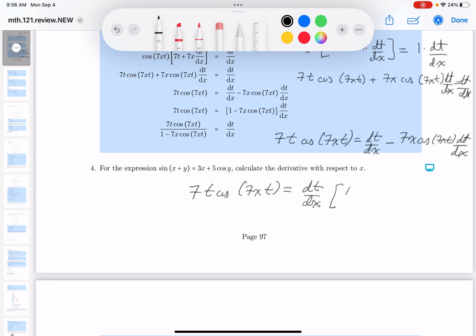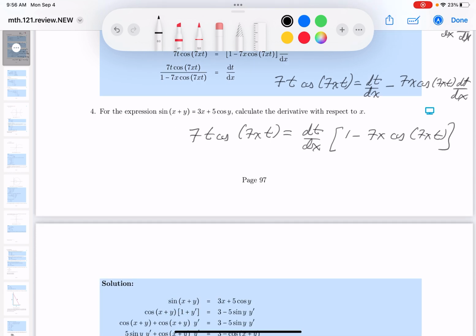What do you get? 1 minus 7x cosine 7xt. Now I'm going to divide both sides by the coefficient of dt/dx. What do you get? dt/dx will equal 7t cosine 7xt divided by 1 minus 7x cosine 7xt.